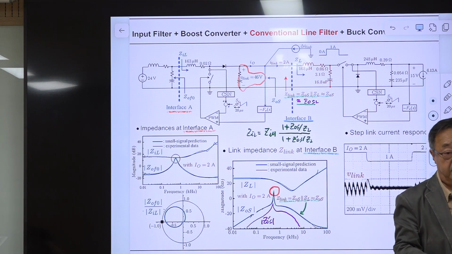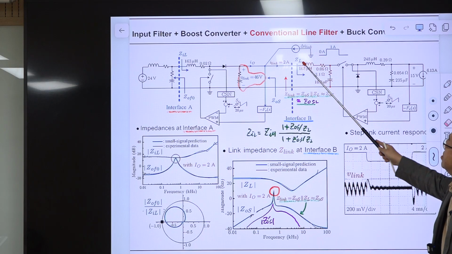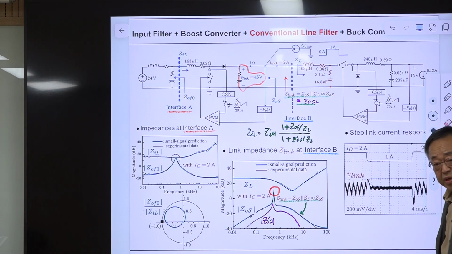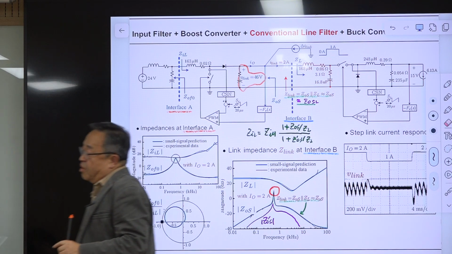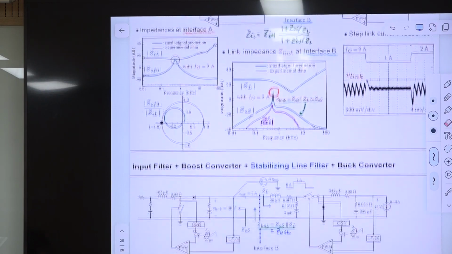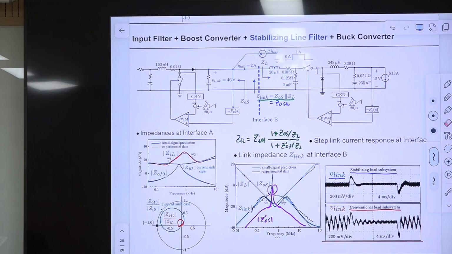But this shows the conventional line filter. This is the way people designed the line filter in the past. They try to provide some impedance gap in between to have the dynamic separation. But that is a bad approach. So I modified this filter.